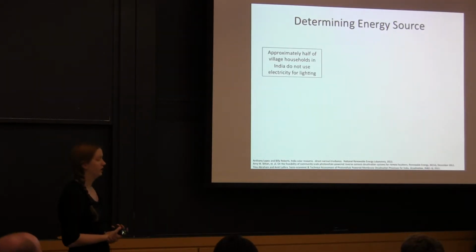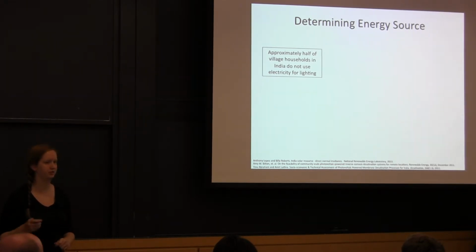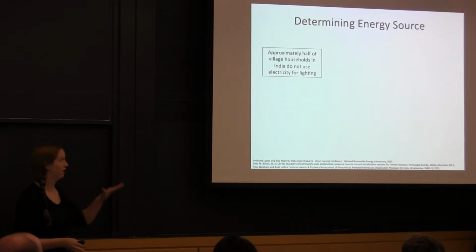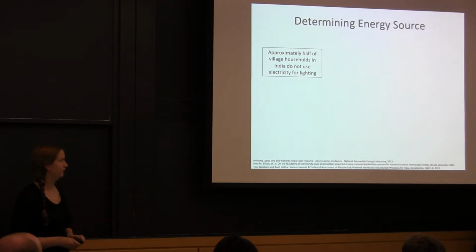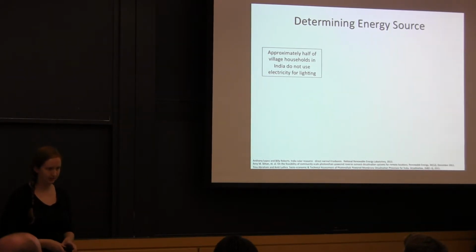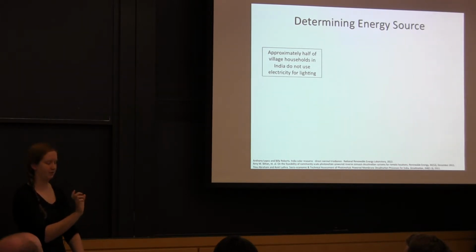Then if you look at energy sources, we know that approximately half of village households in India do not use electricity for lighting. Now that might seem like a really odd statistic to use to define who has access to energy for water. But the reason is that if you actually look at village electrification data in India, they'll tell you the number is way too high. They'll say the number is like 95% village electrified. But the reason for that is that the marker just changed.